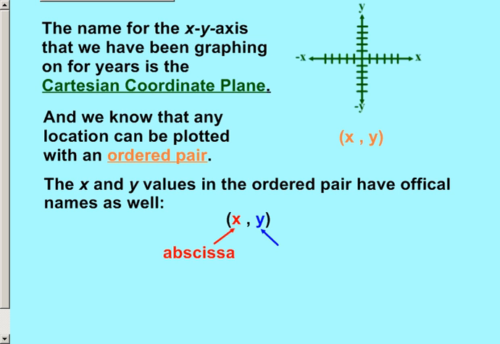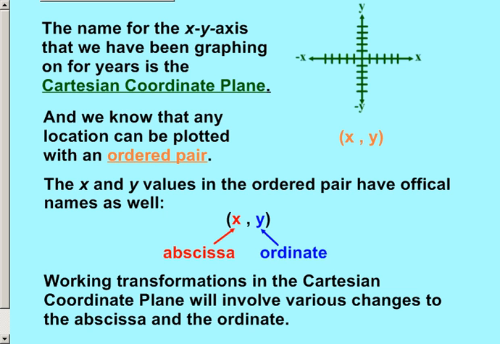The y value, its name is the ordinate. We're getting these vocabulary terms because you will see these words used throughout the remainder of this unit. Dealing with transformations in the Cartesian coordinate plane is going to involve various changes to the abscissa and the ordinate.